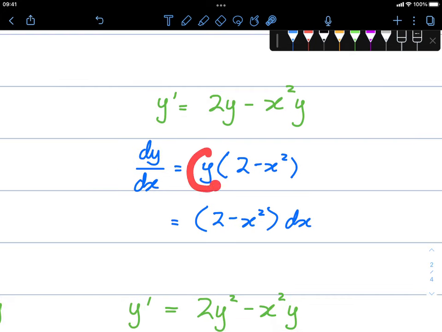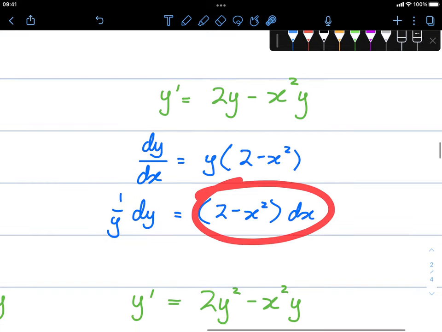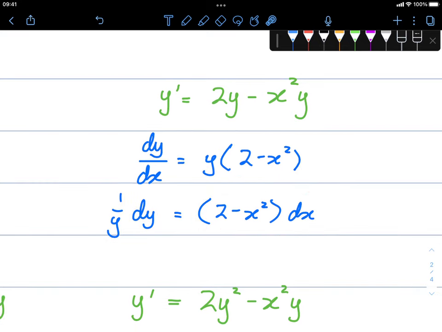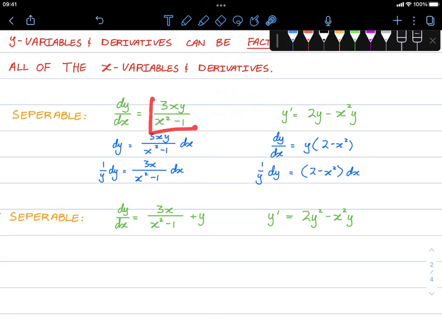And at the same time, I'm going to divide by y. I'm going to write it as 1 over y dy. Once again, notice how all the y variables and derivatives are on one side, and x variables and derivatives are on the other side.